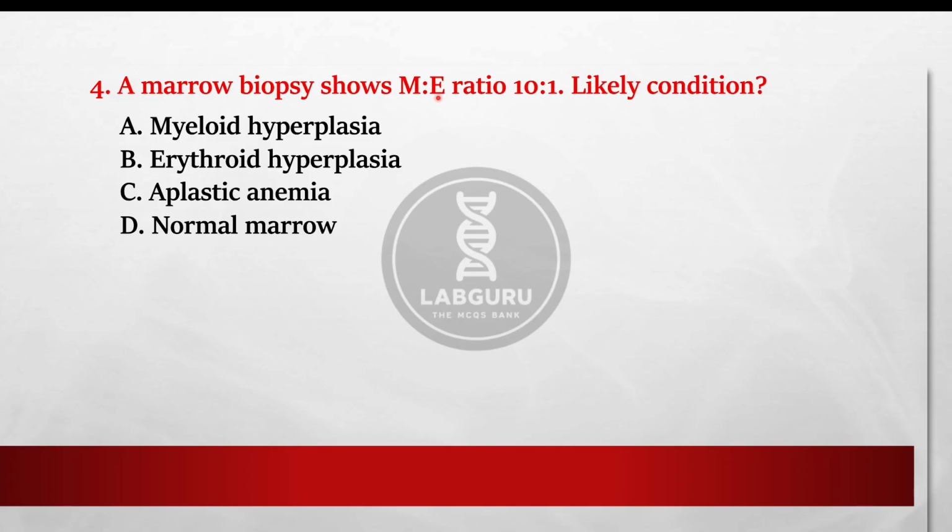So the normal range for the myeloid to erythroid ratio is actually from 2:1 to 4:1. But here you can see the patient showing a 10:1 ME ratio. It means the myeloid precursors are more, right? The right answer is option A, because it's showing myeloid hyperplasia.